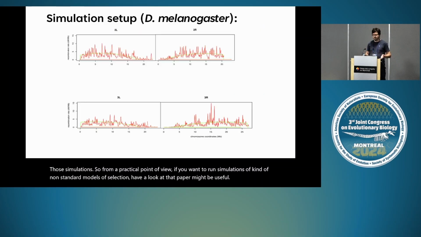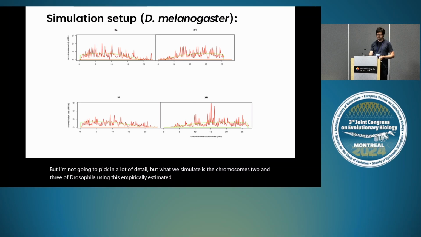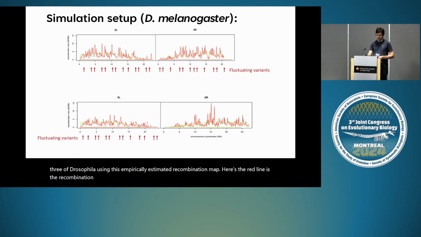I won't go into a lot of detail, but what we simulate is chromosomes 2 and 3 of Drosophila using this empirically estimated recombination map. The red line is the recombination map that we simulate under. We introduce fluctuating variants, so variants that are directly under selection, randomly in the genome.